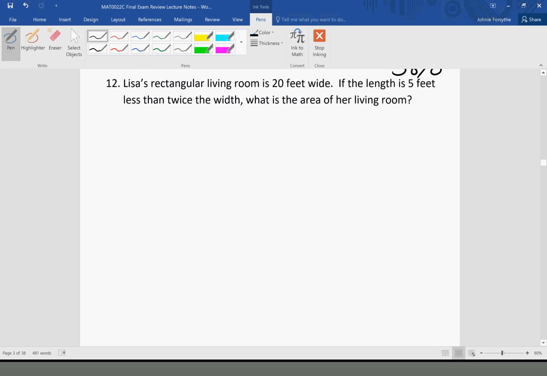Okay, next question. Lisa's rectangular living room is 20 feet wide. If the length is 5 feet less than twice the width, what is the area of her living room?